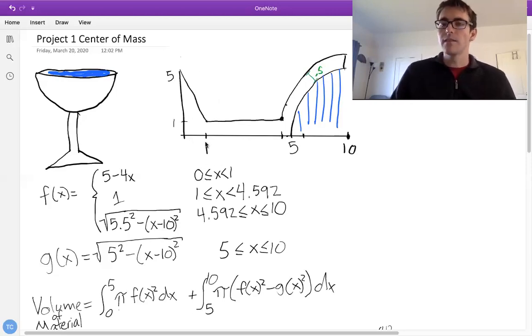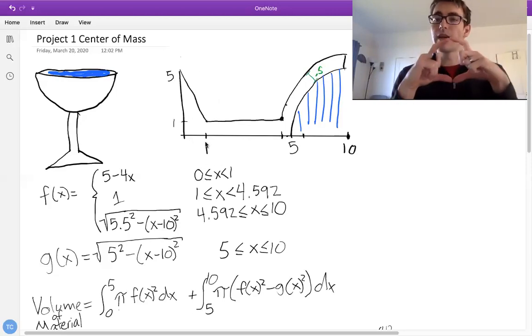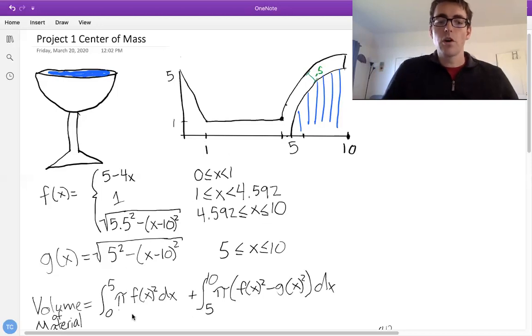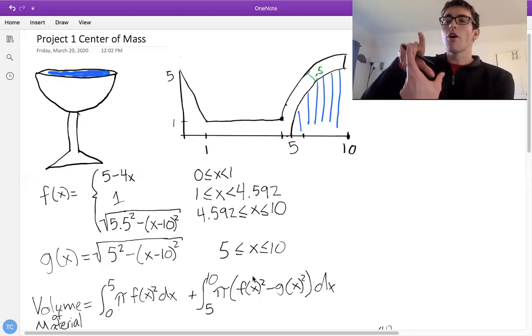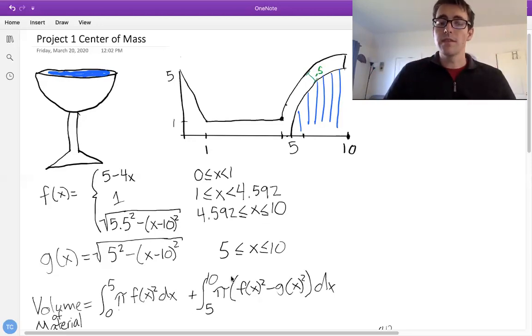So for the volume, between 0 and 5, the cross-sections are pi times r squared. Between 5 and 10, the cross-sections instead look like a washer, so it's pi times big R, the distance to the further piece, squared, minus little r squared.